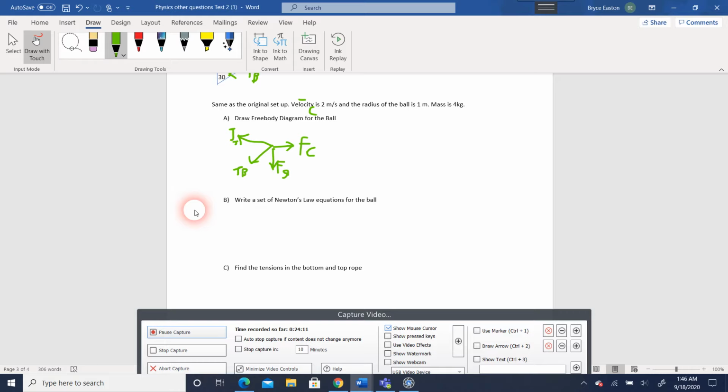We're now going to do B, which is where we separate it into X and Y. Let's do X first. Gravity does not affect us in the X direction.